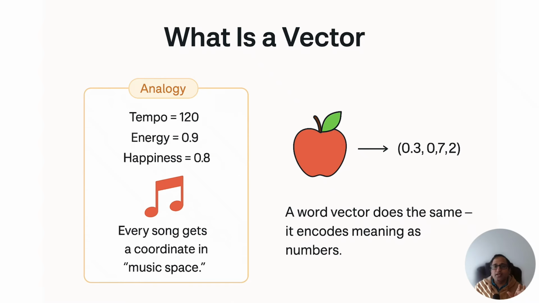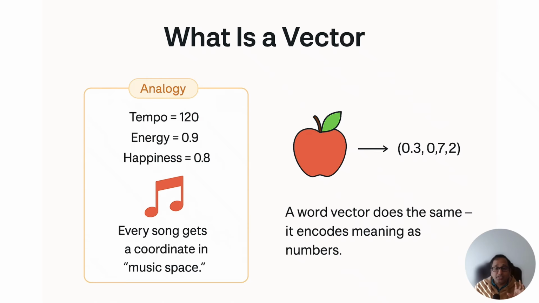So that's what a vector is. It's a list of numbers describing the characteristics of any entity. It could be a song, an animal, a vehicle, anything. It is a list of numbers describing the characteristics.